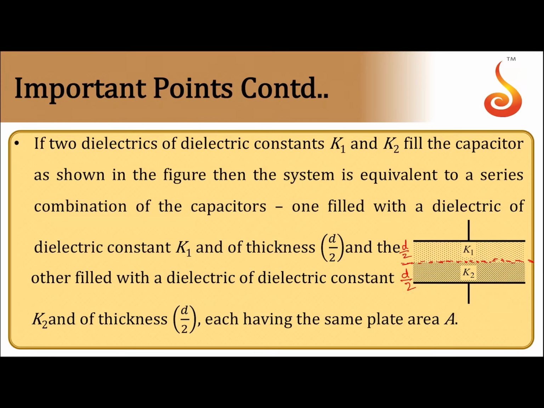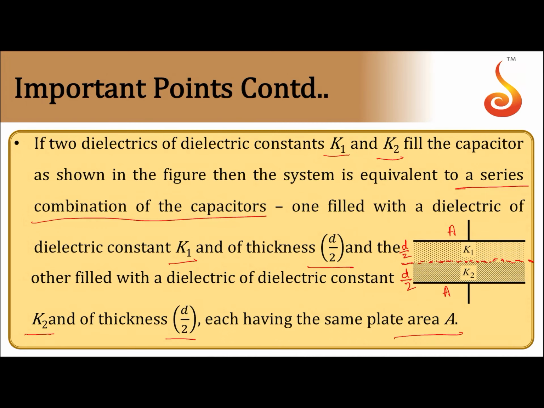If two dielectrics of dielectric constant K1 and K2 fill the capacitor as shown in the figure, then the system is equivalent to a series combination of capacitors, one filled with dielectric of constant K1 of thickness D by 2 and the other filled with dielectric constant K2 of thickness D by 2, each having the same plate area A.